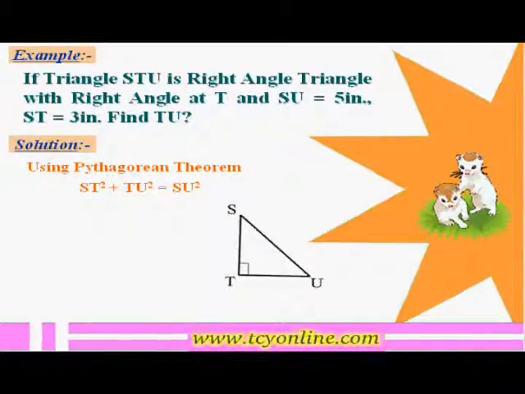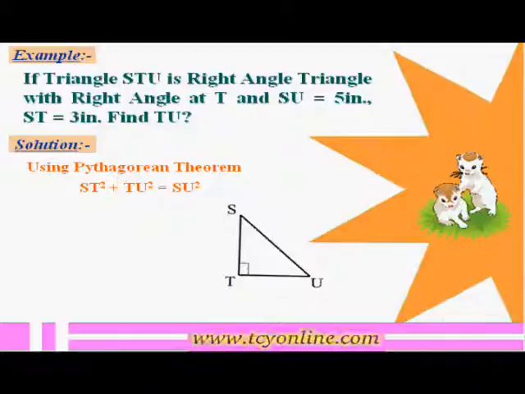According to the theorem, hypotenuse square is equal to altitude square plus base square, or we can say the square of the measure of altitude plus the square of the measure of base is equal to the square of the measure of the hypotenuse. Therefore, ST square plus TU square is equal to SU square should be true.